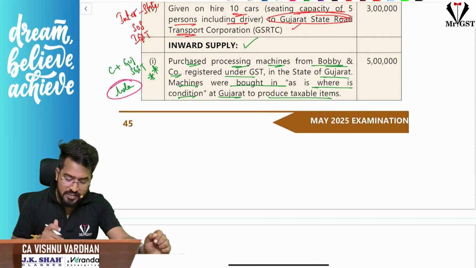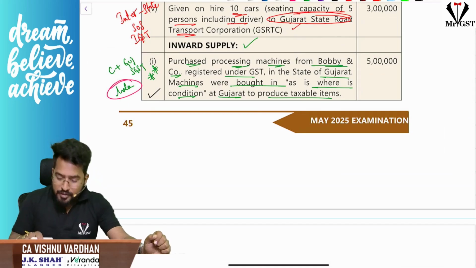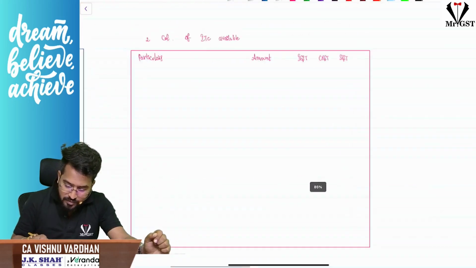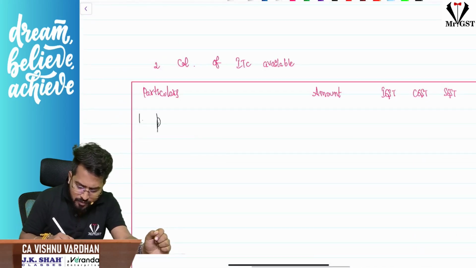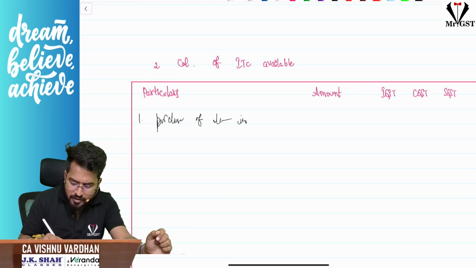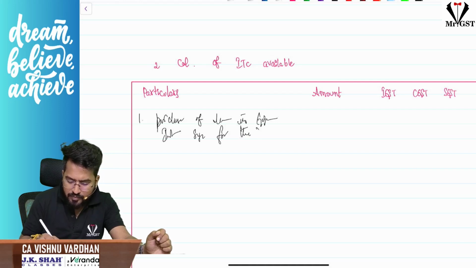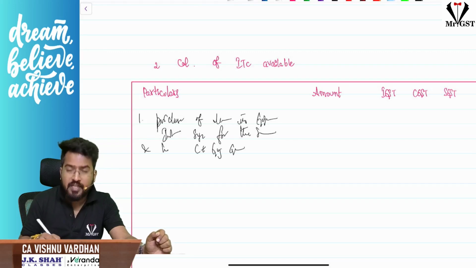As I told you, this first purchase, sir, no GST, correct? So here you should write down the particulars. First particulars, what is that? Purchase of machinery in Gujarat, intrastate supply for the supplier, and he would have charged CGST plus Gujarat GST, and write down the reasoning.